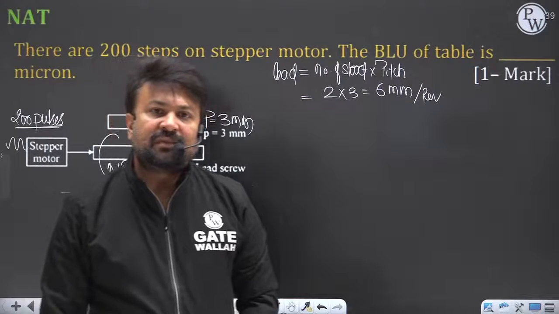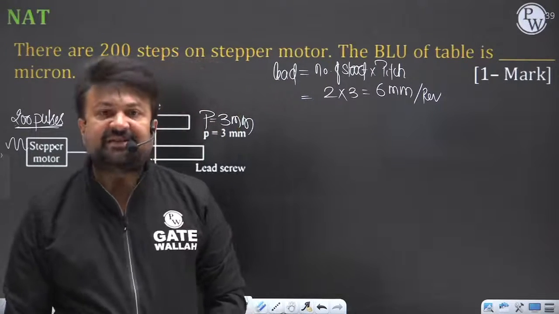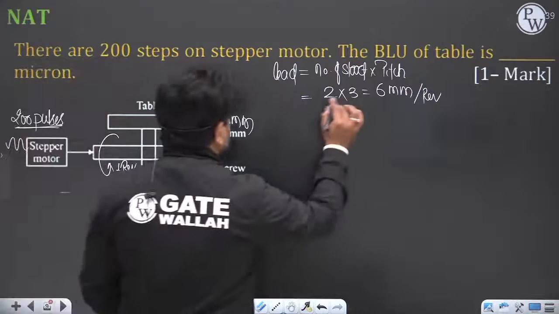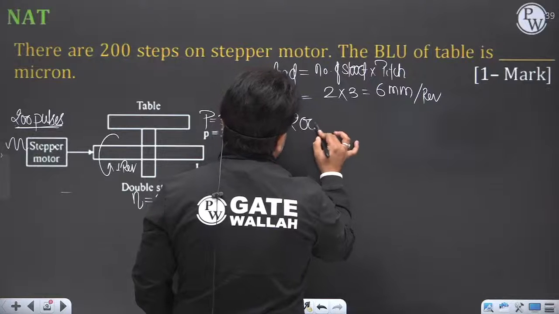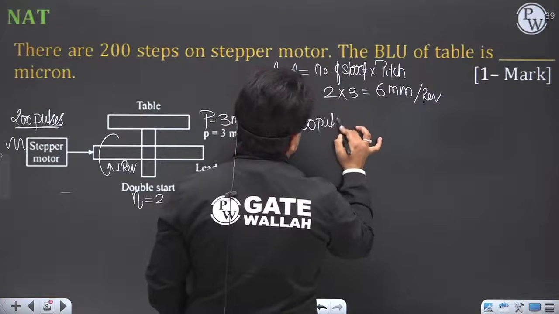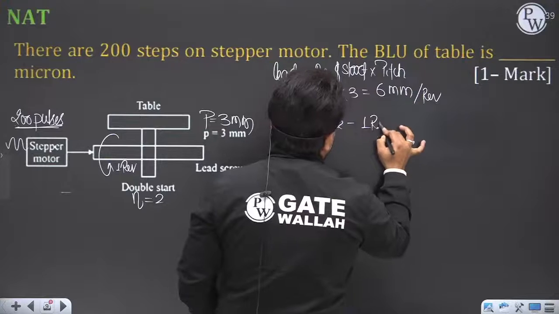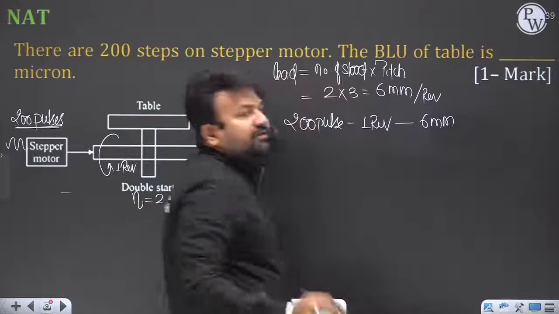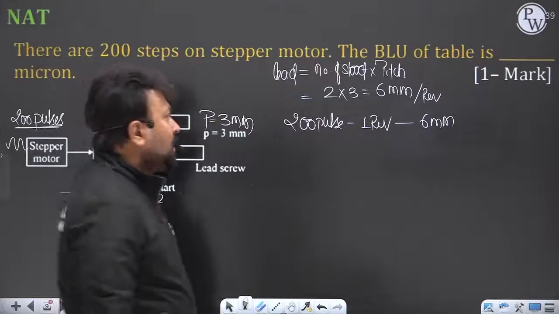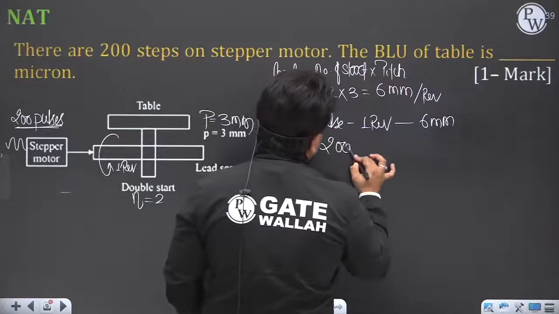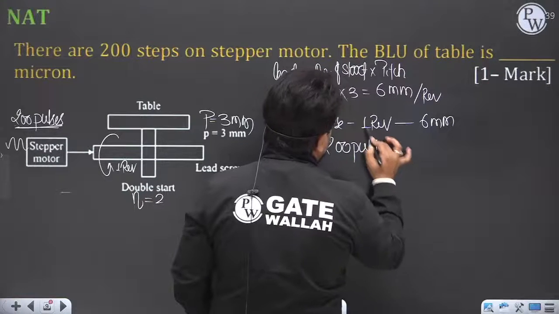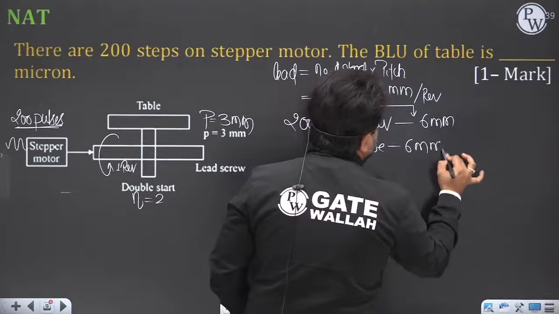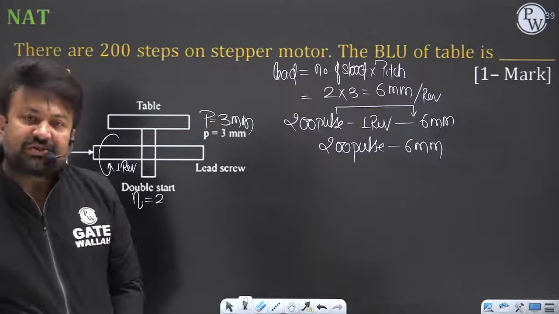Yes or no? So you can directly say that by giving 200 pulses, there will be one revolution, and after one revolution 6 mm translational motion is there. After giving 200 pulses there will be 6 mm translational motion.